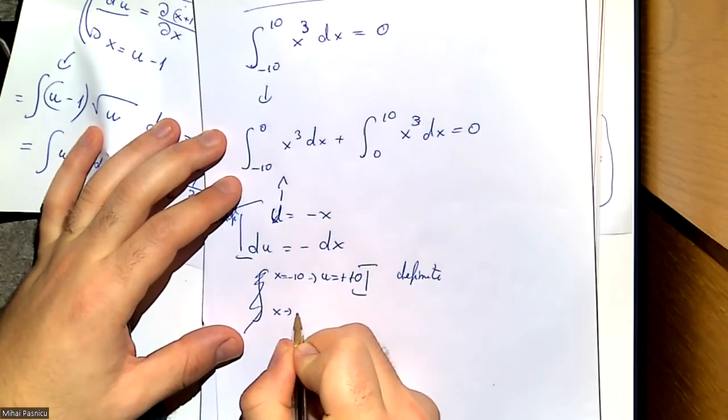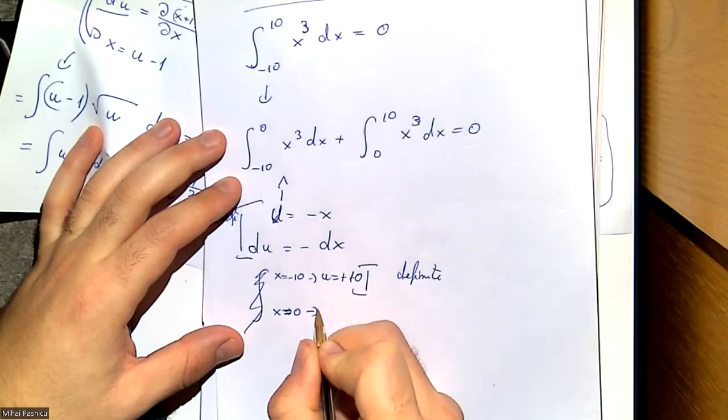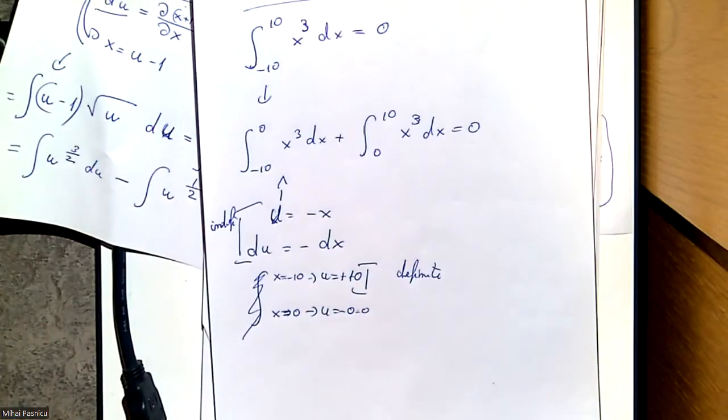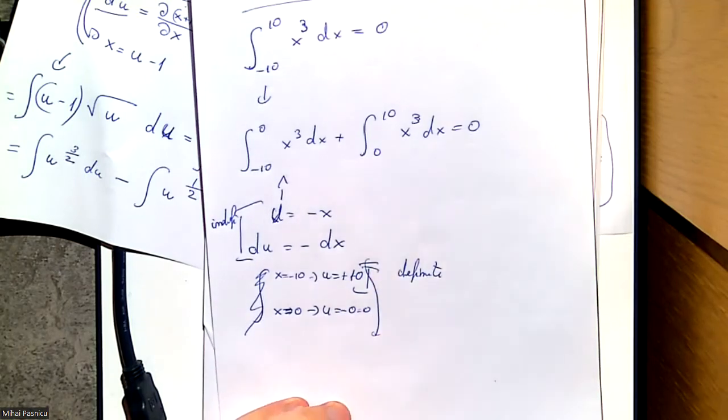And if x is 0, then u is going to be -0, which is just 0. I'm just adapting my limits of integration to my new function. Okay? These are the definite conditions.